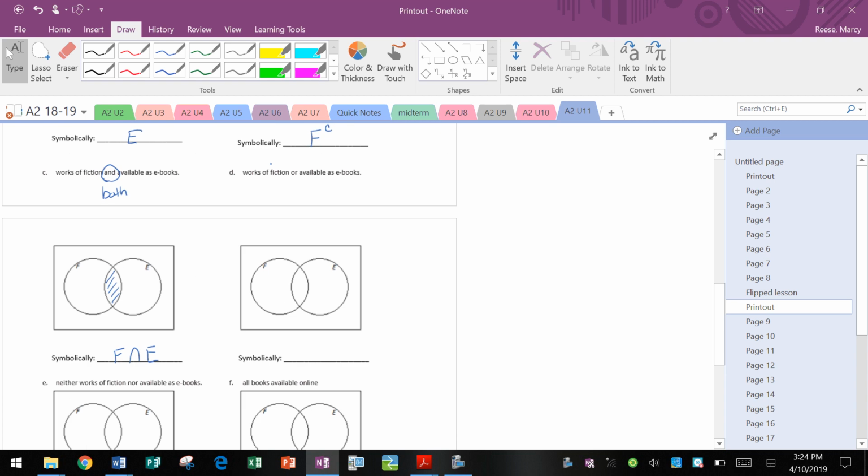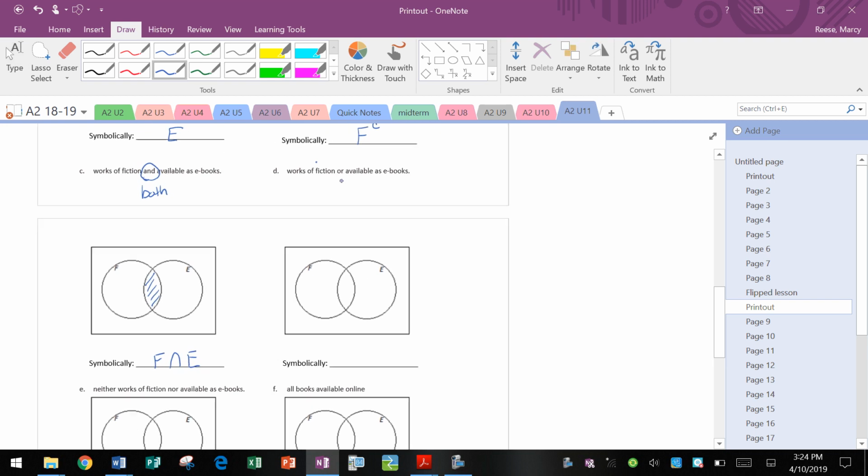That's where they overlap. Works of fiction or ebooks, or both. This is the union. This is where I got everything, all fiction, or all ebooks, or where they overlap. So this is going to be my or, and this is going to be my and right here.